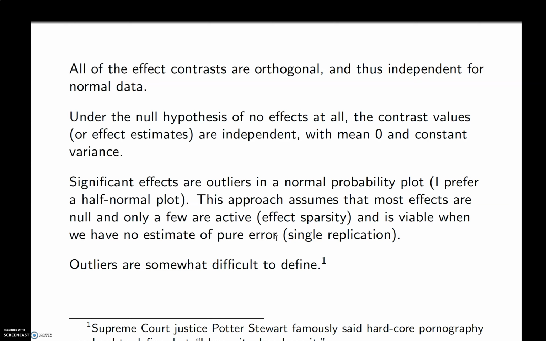And this is very important because we have no estimate of pure error in this case, because each effect, if you recall, has a single replication. And so when we have only that single replication, we have no estimate for that pure error. And so we need to be able to detect these outliers using an alternate method.